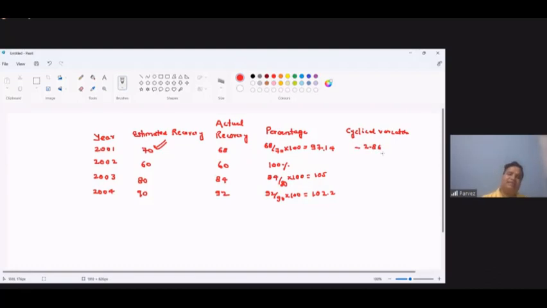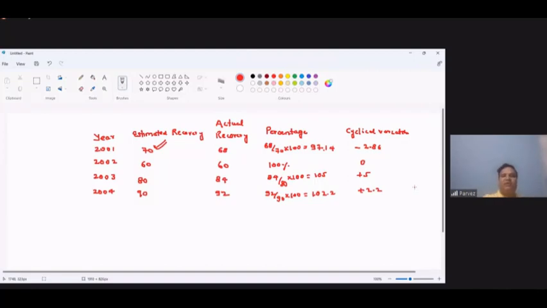Because it's a shortage, that is the reason I'm using the minus sign, so that you can easily understand that there is a shortfall. Next is 0 only because the full 100% we have recovered. Then plus 5, plus 2.2. Is it clear? Any doubt in this? No, sir. Okay, so we just have to find out variation. From 100%, how much variation is there? That is only called cyclical variation.